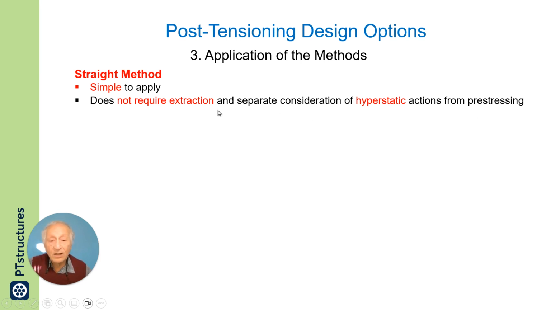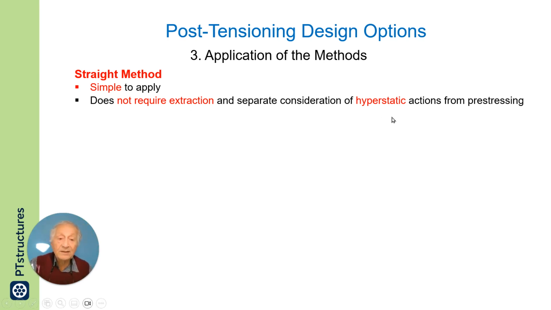I know a lot of our colleagues are uneasy about secondary or hyperstatic moments, and to extract them and take them into account separate from other loads. This method doesn't require that. The question of hyperstatic moment or values doesn't come up at all.